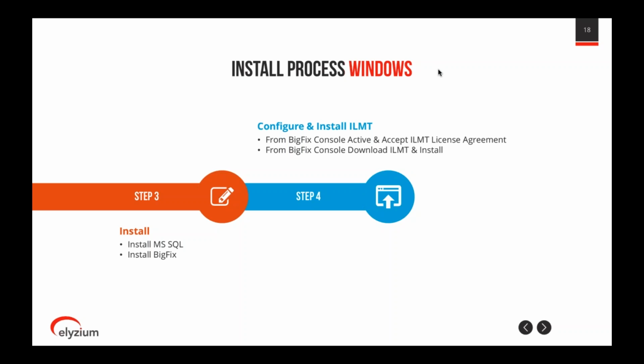So prior to this, step 3, all you've got is SQL Server installed and BigFix installed. You haven't actually installed ILMT. You have to go in, accept the license, and then it will download. Then you have to download ILMT from the console and do the install.